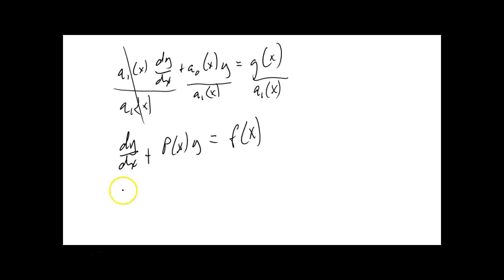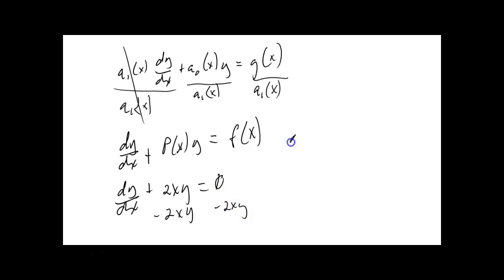For instance, if you had dy dx plus 2xy is equal to 0, your p of x is 2x, your f of x is 0. Yeah, you can separate those two. First thing you do is subtract 2xy from both sides.